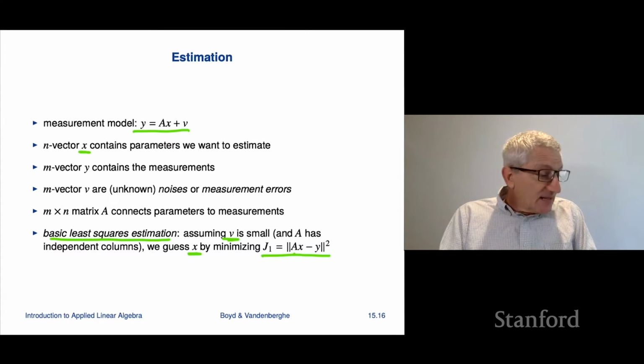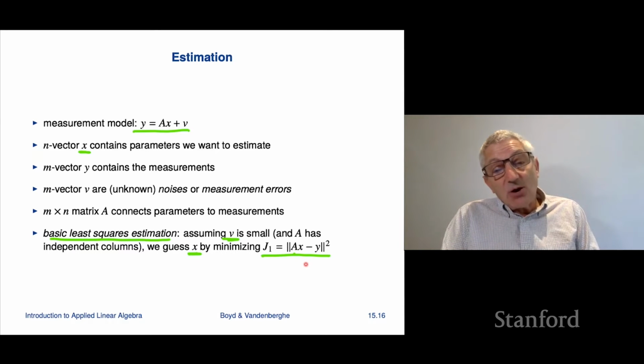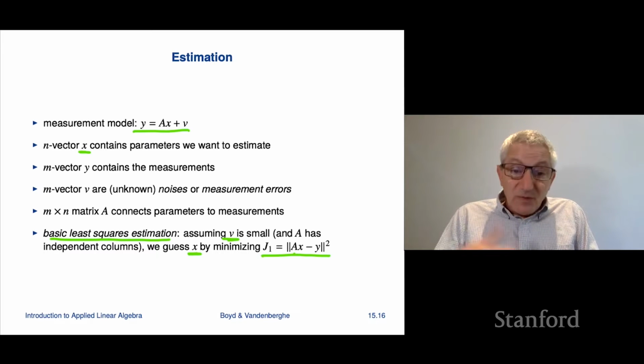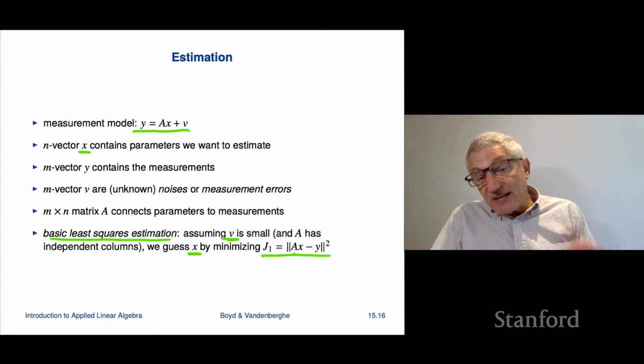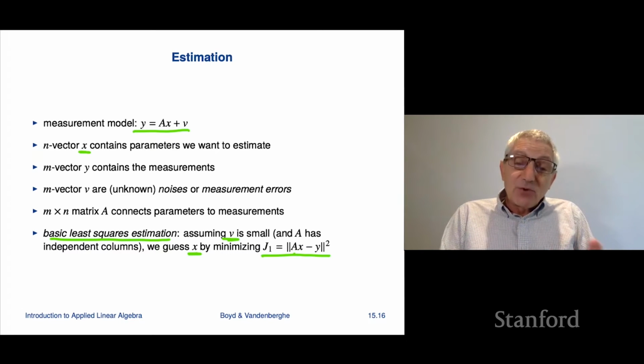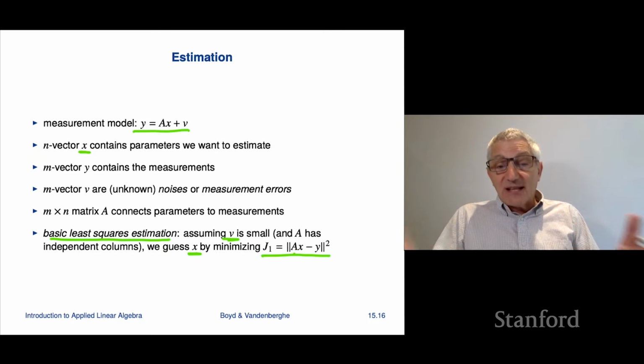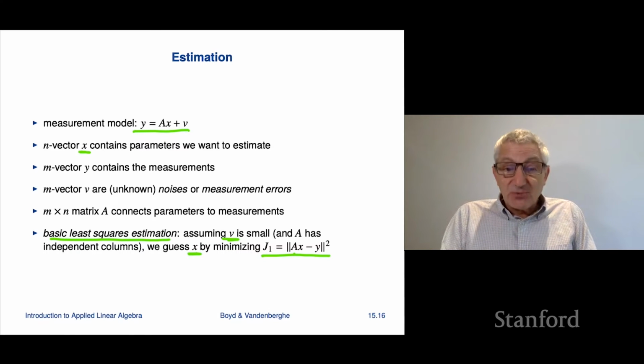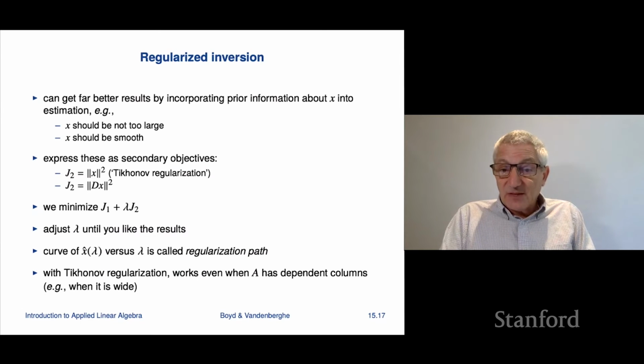So that's least squares estimation. And it's completely normal and makes perfect sense. I should also add that this vector is minus v. So another way to say it is, please choose an x so that, given what we observed, that tells you what v is, and that's the measurement noise. And you say, please give me an x for which we have to imagine that the measurement noise is as small as possible. So that's least squares estimation.